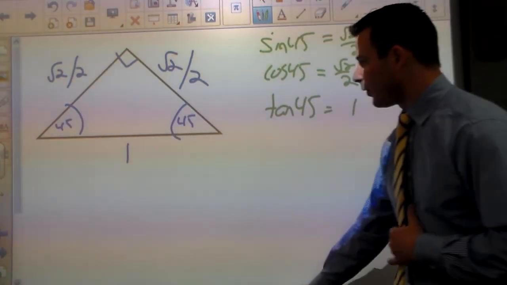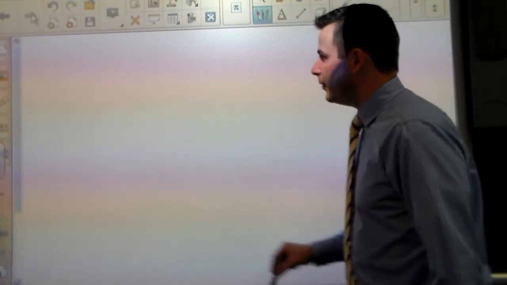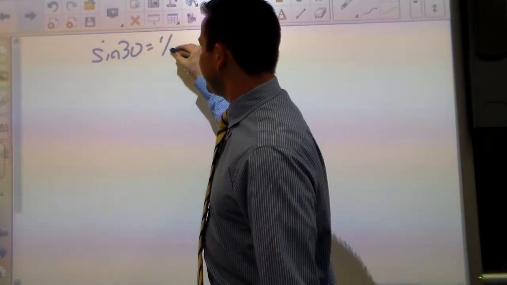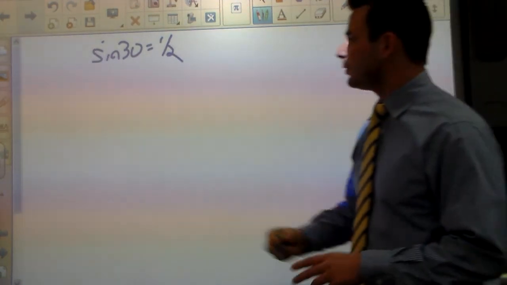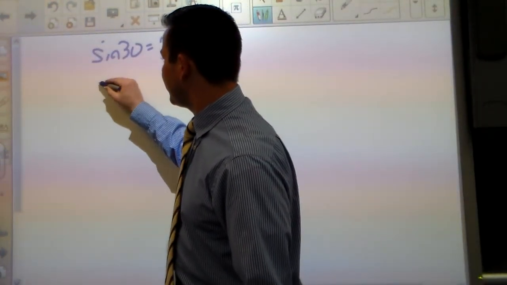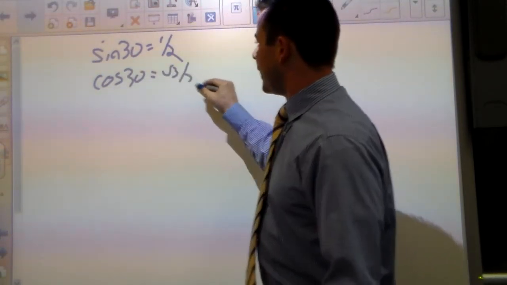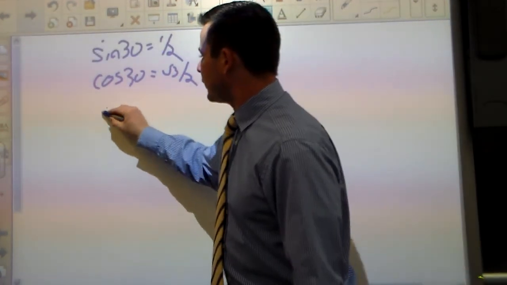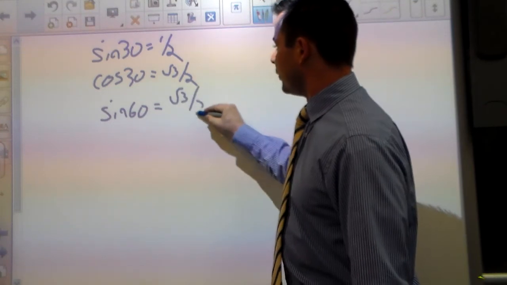Okay, so those are all of our special right triangle values. And just to summarize, if you start with the sine of 30 equals a half, then you get all the other 30, 60, 90 right triangle values. If the sine of 30 is a half, then the cosine of 30 cannot be a half. That has to be radical 3 over 2. If the sine of 30 is a half, then the sine of 60 certainly can't be a half. That has to be radical 3 over 2.